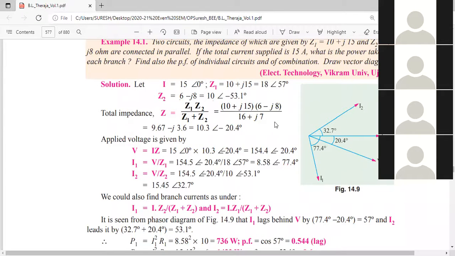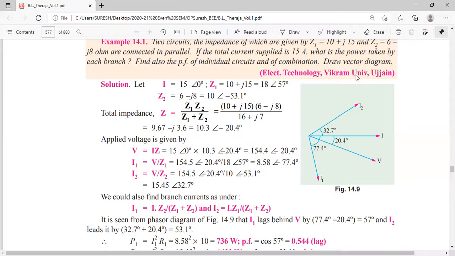This is the vector diagram they have given in your textbook. I1 is 77.4. I2 is 32.7. See, the magnitude of I2 is greater than I1. I1 and I2 resultant is I. On the x-axis, they are getting the I value. I is the resultant of I1 and I2.